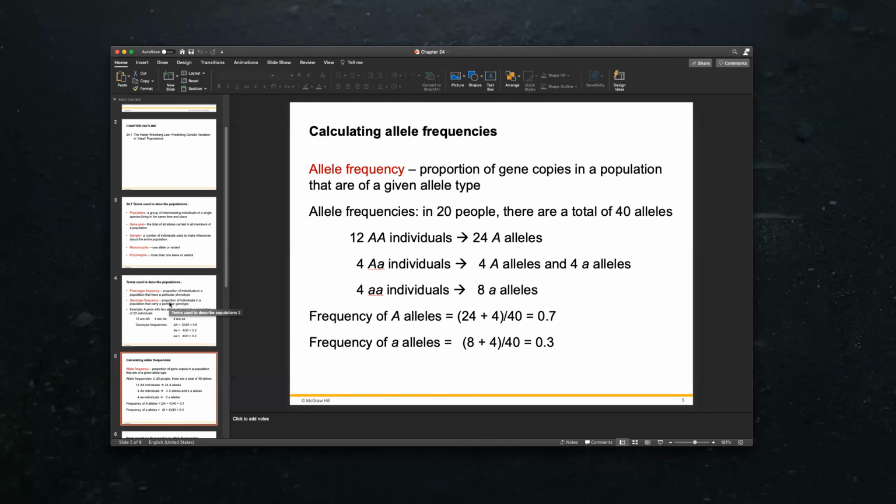That means there are 24 capital A alleles from the 12 homozygous capital A individuals. For the heterozygous group, there are 4 capital A alleles and 4 little a alleles, and it goes like that. Then you can figure out the frequency that way.